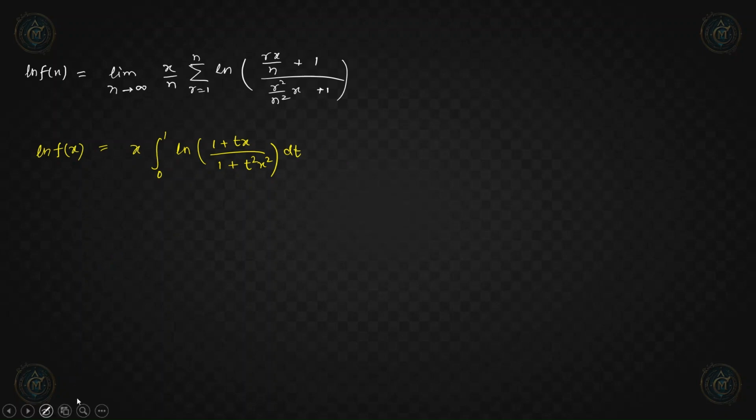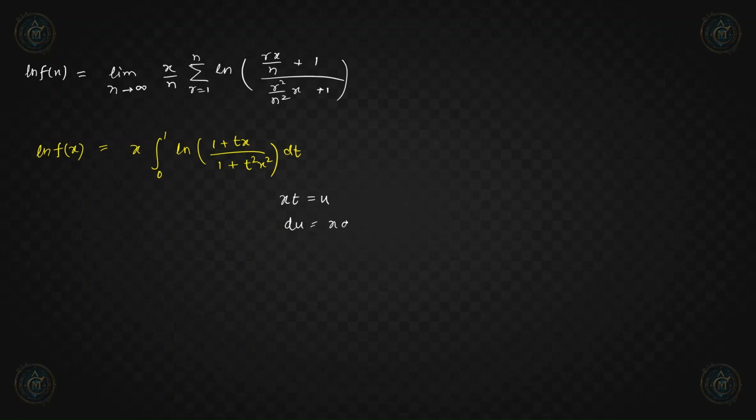So now we have to somehow simplify this expression. There is an obvious substitution. I hope you are also getting the hint: this x is treated as a constant in this integral. So we can substitute xt as some variable u, so that x dt becomes our du.